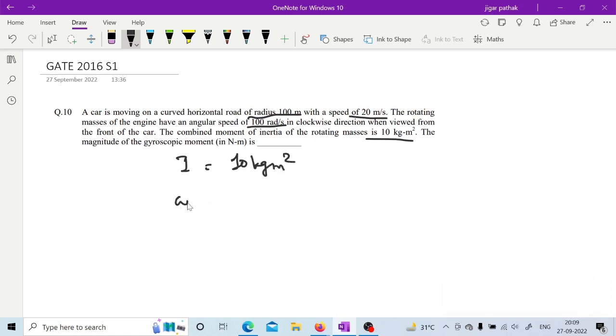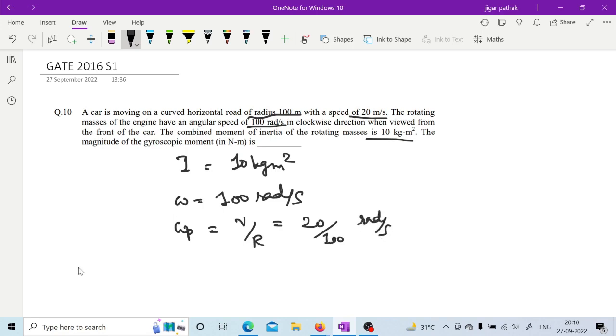Omega is given as 100 radian per second, and omega p will be V by R. What is V? V is given as 20 and R is given as 100, right. So it will be 20 by 100 radian per second.